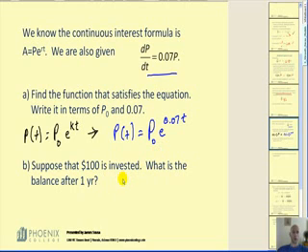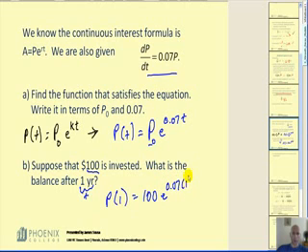Suppose you invest $100. What is the balance after 1 year? Well, if we invest $100, that would be P sub 0, and t would be equal to 1 year. We need to find P of 1, which is equal to 100 times e to the power of 0.07 times 1.